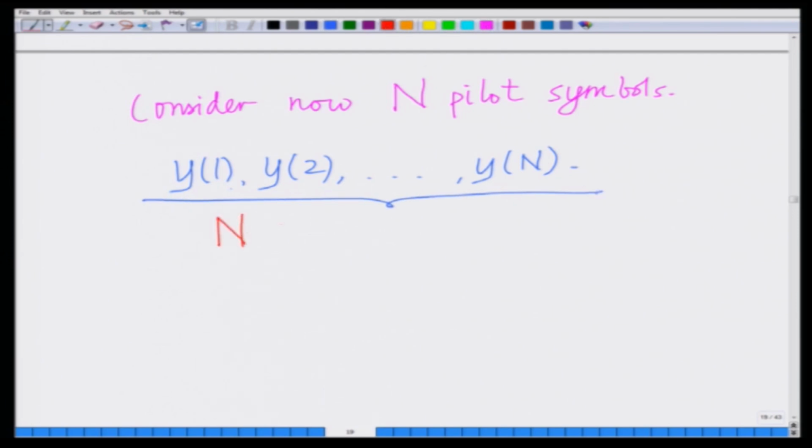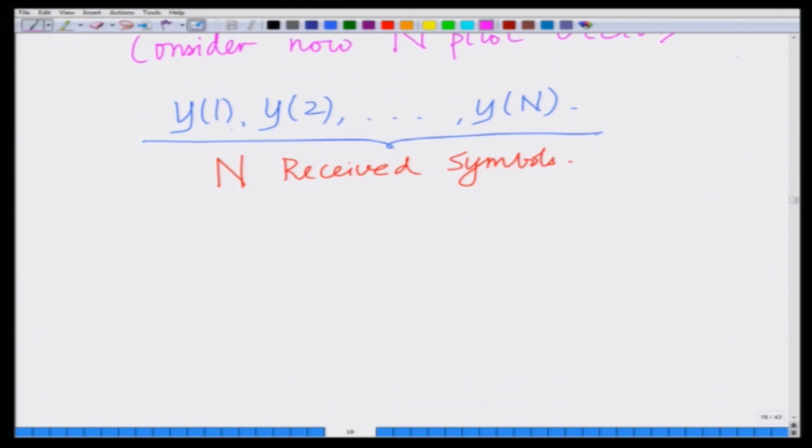These are your n received symbols. In fact, I should say consider n pilot vectors, because at each time instant we are transmitting a vector from the m antennas. Now, I am going to explain this again, let me write this system model.